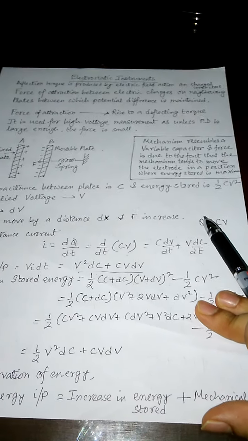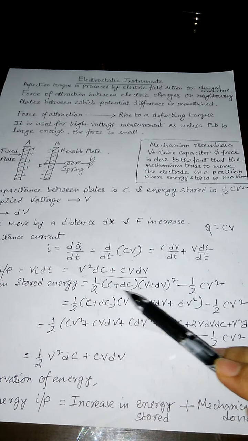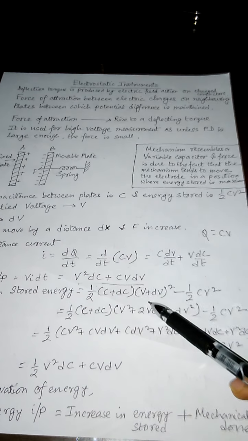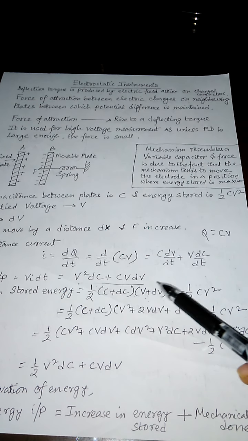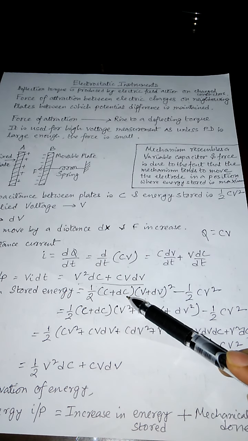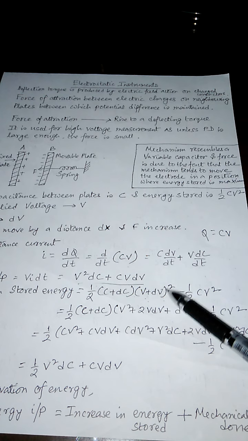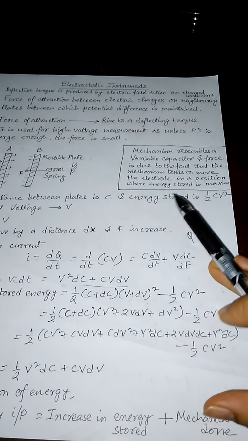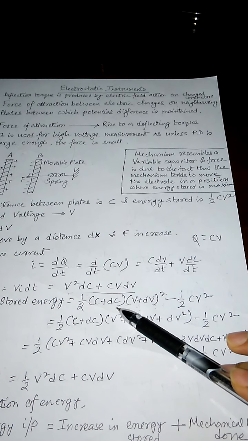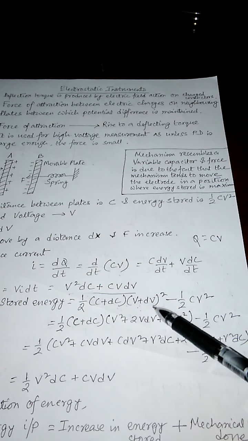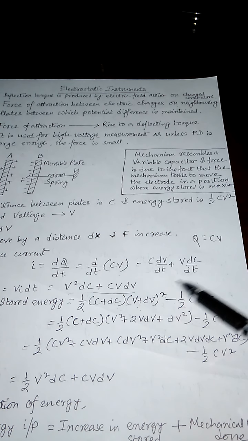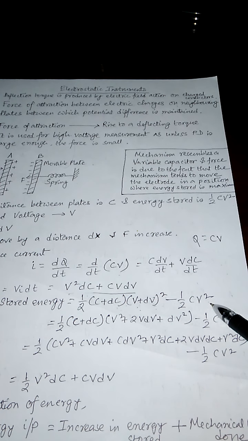You can write C going to C plus dC, the increment of capacitance, and V going to V plus dV, the increment of applied voltage. So half of C plus dC into V plus dV square, minus the initial stored energy, half CV square.